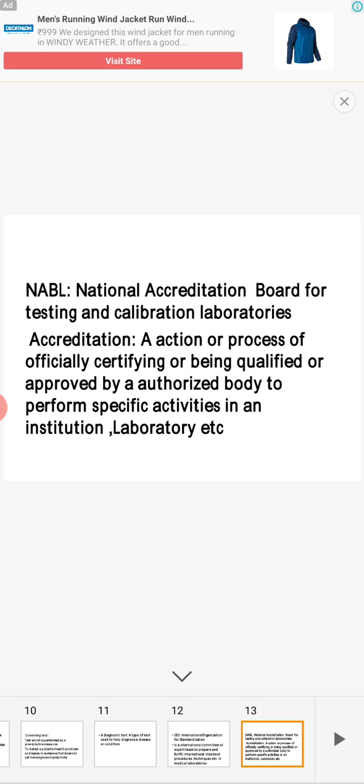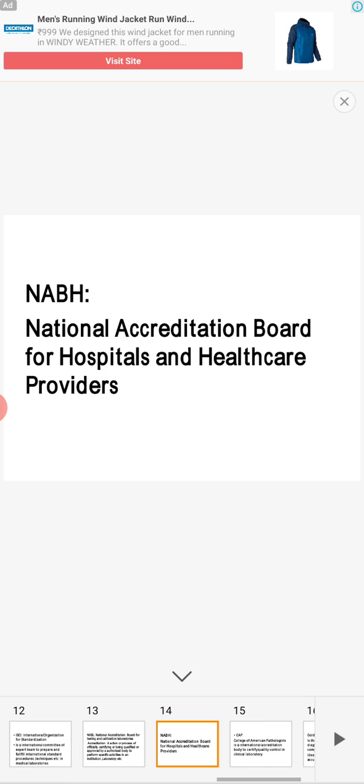NABL is one of the accreditation bodies, the National Accreditation Board for Testing and Calibration Laboratories. NABH is the same kind of term, but for hospitals: the National Accreditation Board for Hospitals and other healthcare providers. They have a set of rules that you have to follow, whether inpatient, OP, ward, or general staff. Their team will come and inspect, primary, secondary, there are different steps.